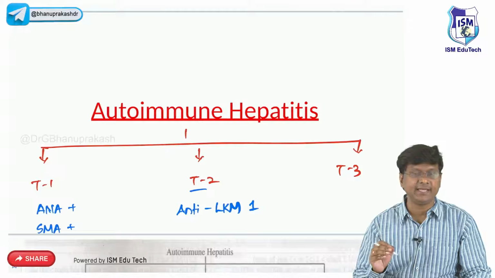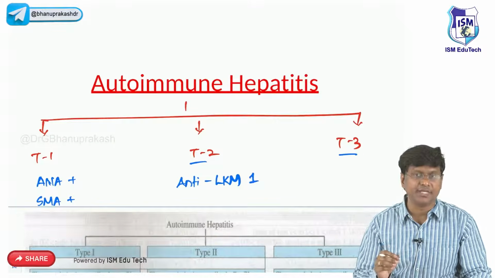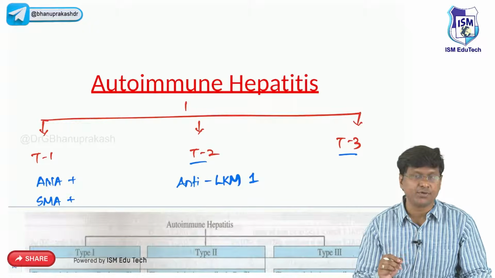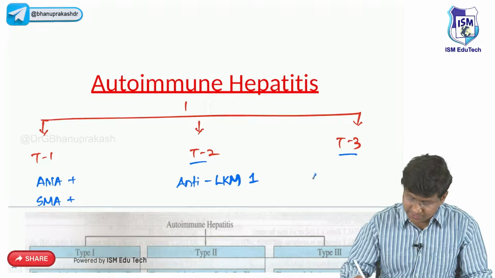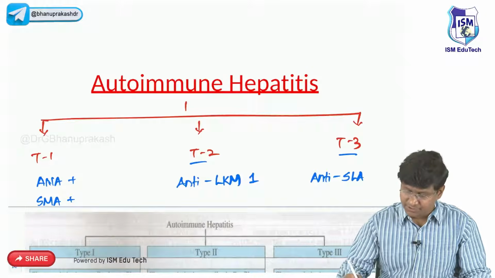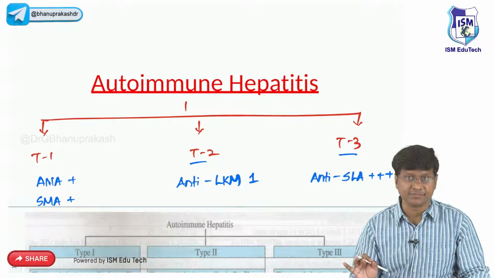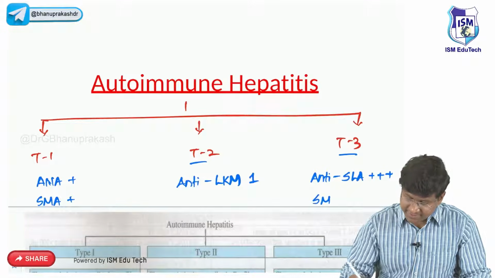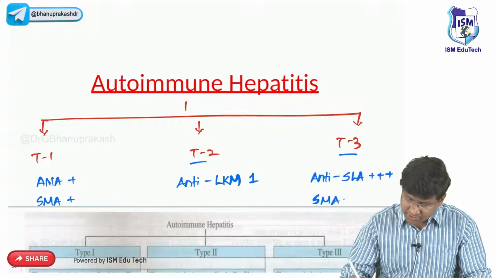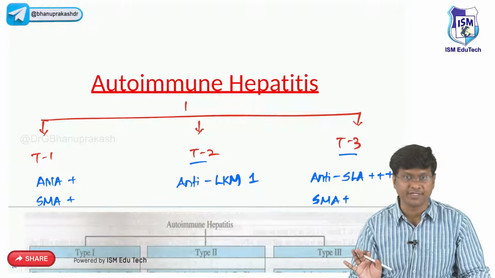Then type 3 autoimmune hepatitis is where the characteristic autoantibody is anti-SLA, which stands for soluble liver antigen, and even SMA, smooth muscle antibody, is also positive.